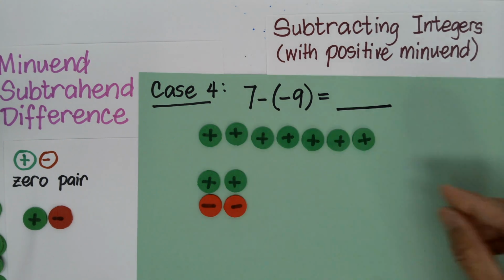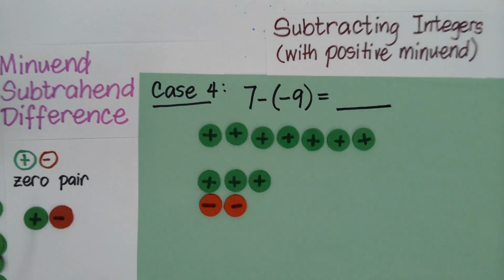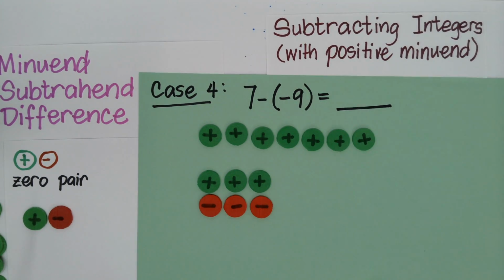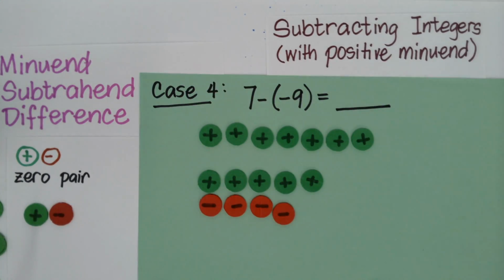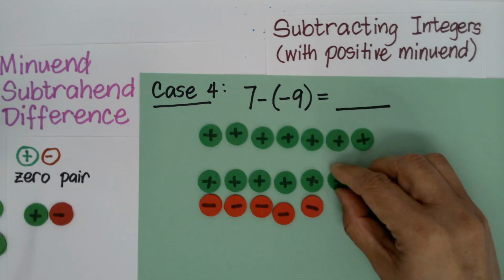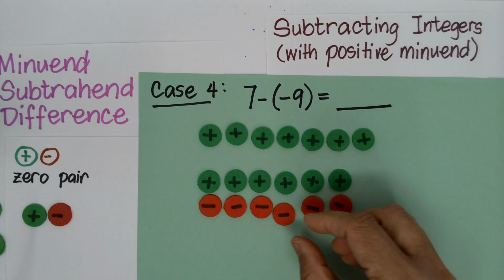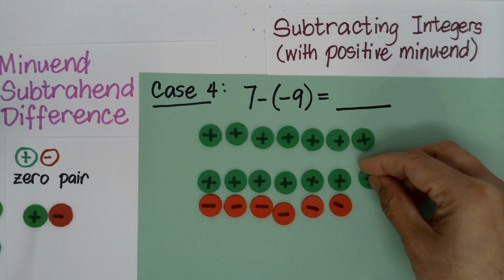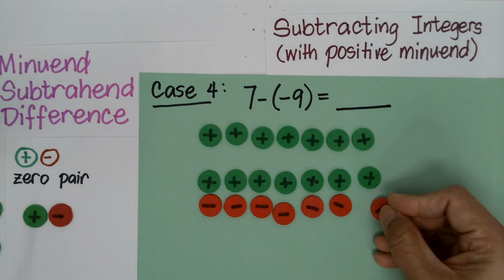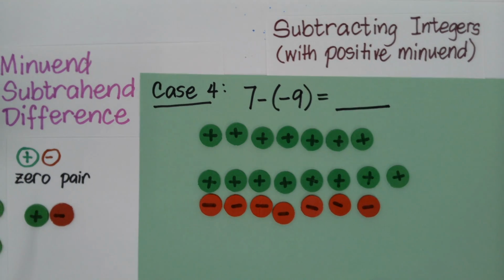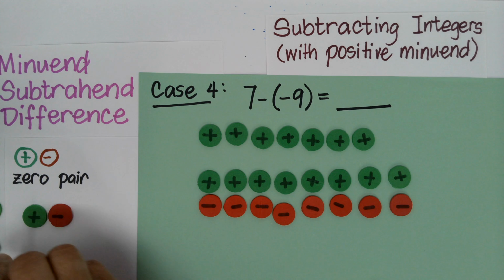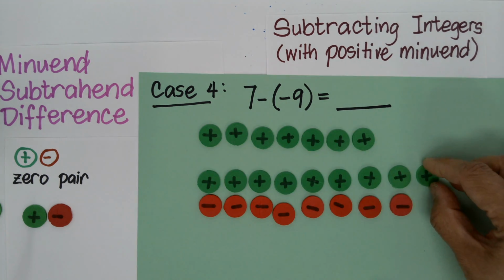So this is 1, 2, 3, 4, 5, 6, 7, 8, and 9.